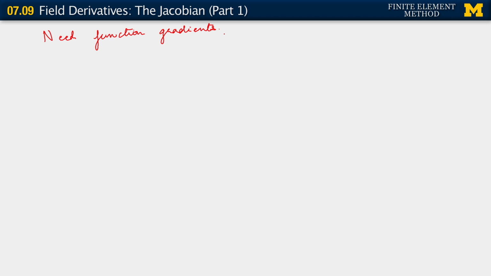Now, I'm going to take a step here that will make our notation a little more concise. I am going to take the vector xi eta zeta and write it simply as xi 1, xi 2, xi 3.